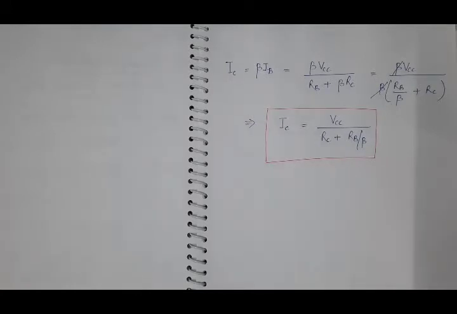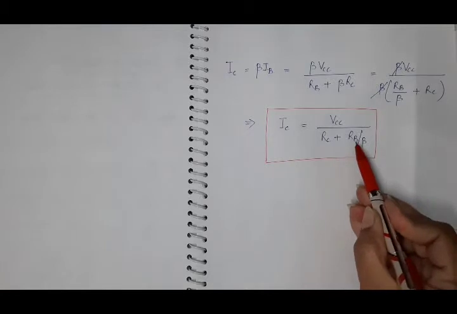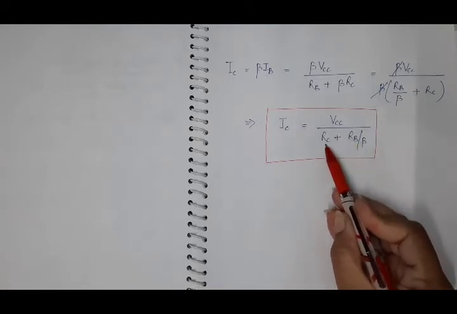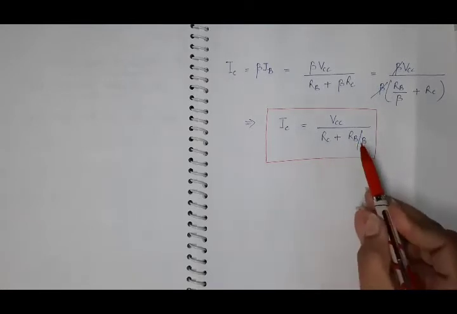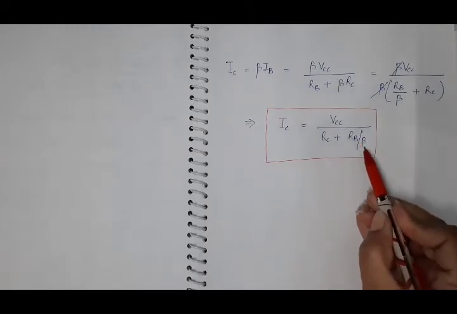But yes, this IC can be made independent of beta in only one case: either make RC very much greater than RB, or make RB much smaller than RC, because in that case we can neglect this RB by beta term.